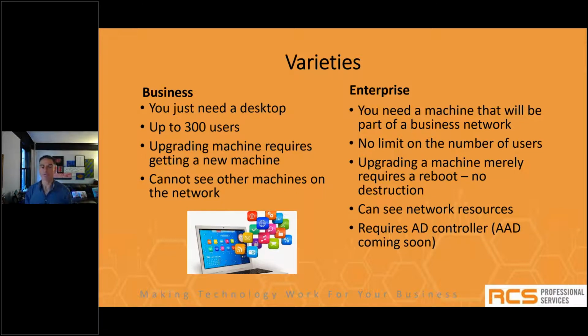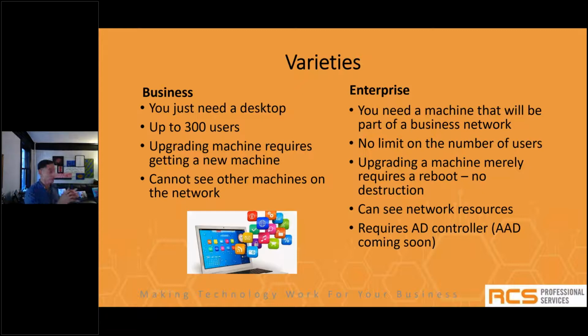And this last one I kind of mentioned to begin with, that the business machines can't see other machines on the network, while the enterprise ones can. What does that mean? This is a really nice thing about the enterprise ones. I can spin up a machine and actually have that machine essentially in my network.